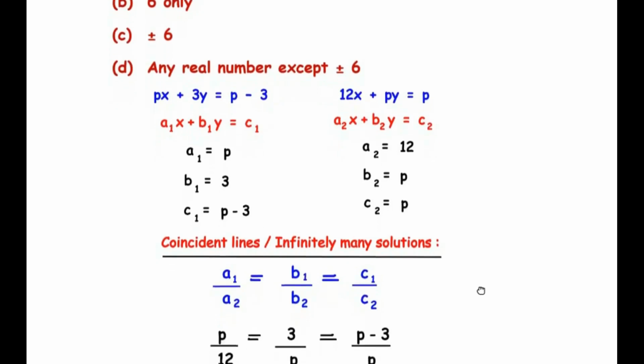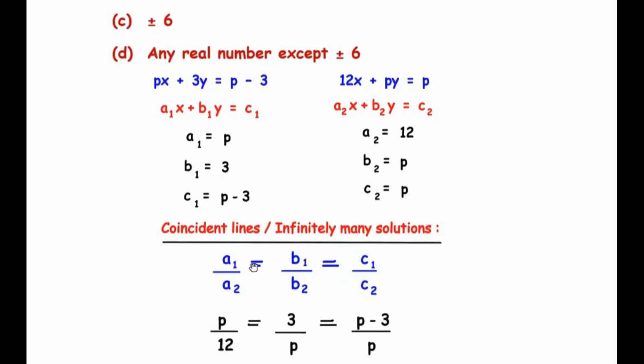So here we have written a1 over a2 becomes p over 12 is equal to b1 over b2 becomes 3 over p is equal to c1 over c2 becomes p minus 3 over p. Now since here we need to find out the value of p, we are going to take the first two fractions and equate them together. You can take the second two fractions as well, but the first two are easier, so I am going to focus on these two fractions.